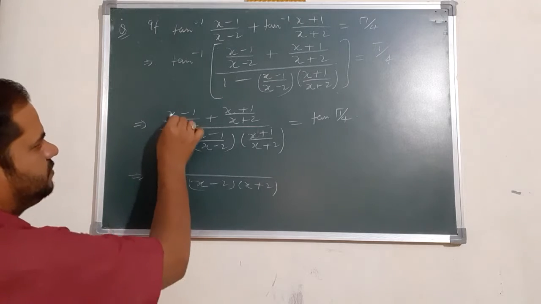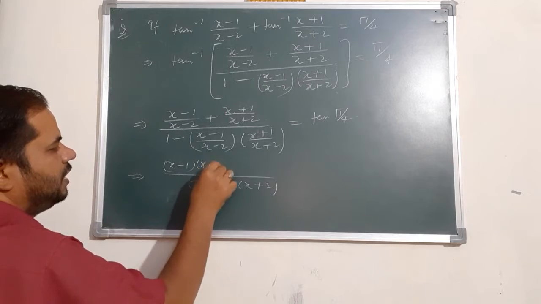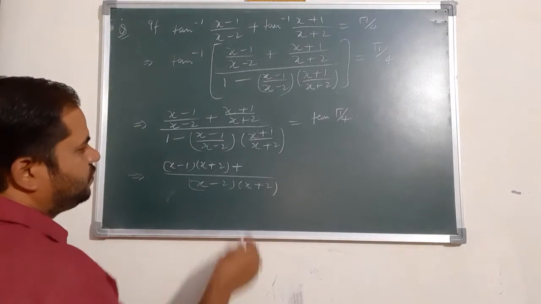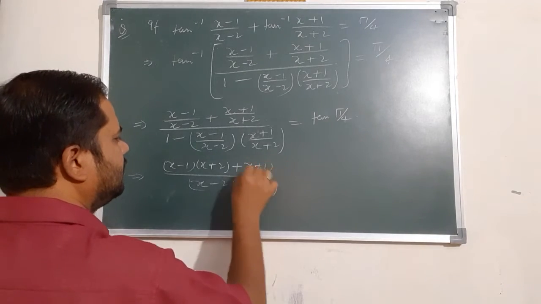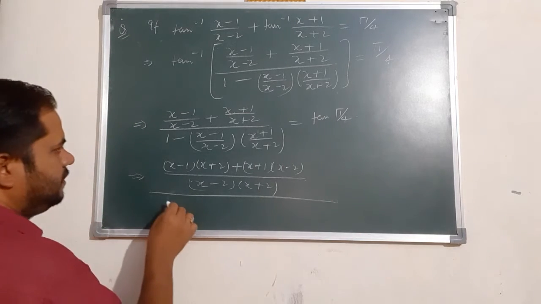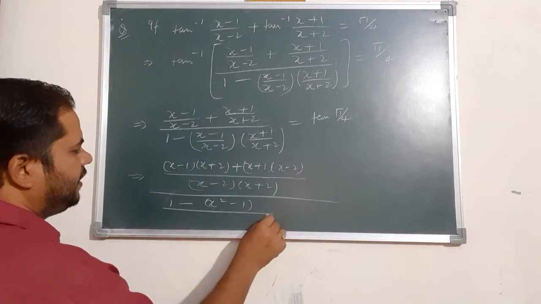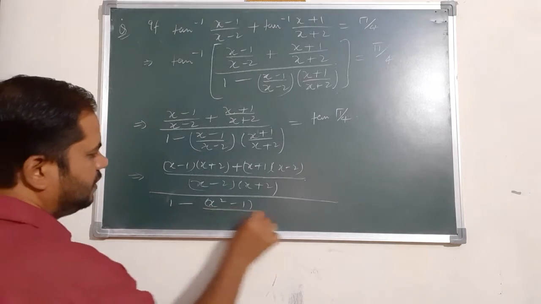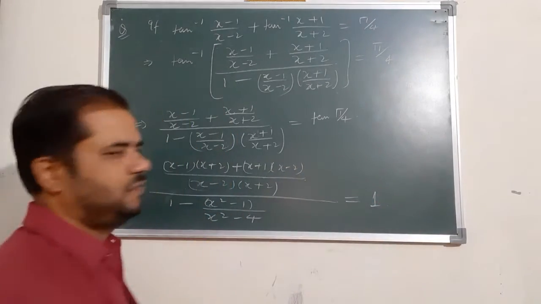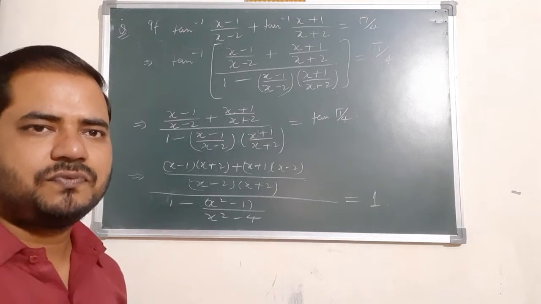Now (x minus 1) multiplied by (x plus 2) plus (x plus 1) multiplied by (x minus 2), and the whole divided by 1 minus (x square minus 1) divided by (x square minus 4), and this is nothing but 1. Okay, so please note it down, and then after we find the next step.